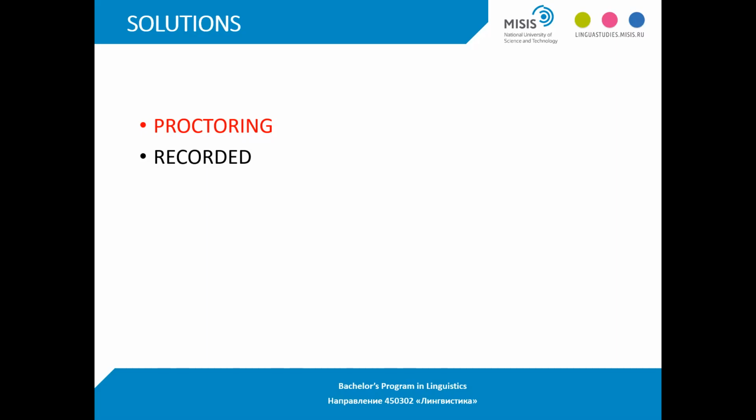But this is not very reliable, because you cannot really make sure that the desk is clear. You just switch on the camera, you can see the face, maybe part of the body, but not everything.